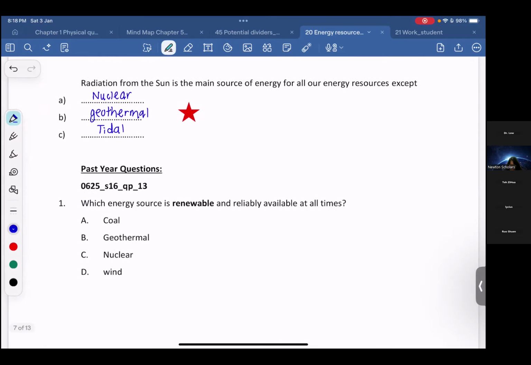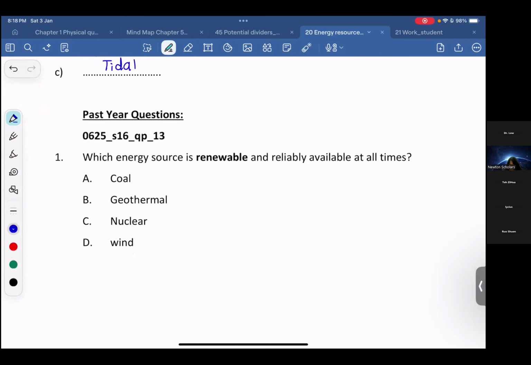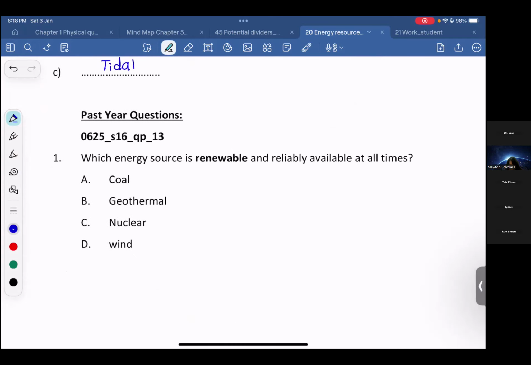Okay, so here, 2016: which energy source is renewable and reliably available at all times? Can you try and then tell me?